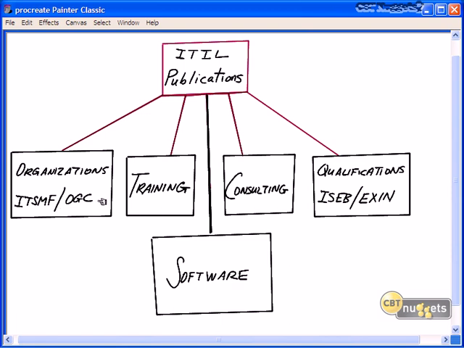And of course, there's the UK's OGC, which offers a range of products and services covering the best practice methodologies on a wide variety of topics, which are industry standards in both the public and private sectors.